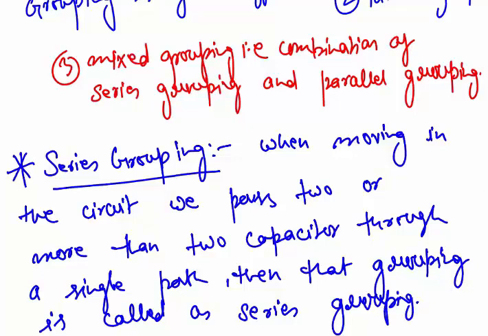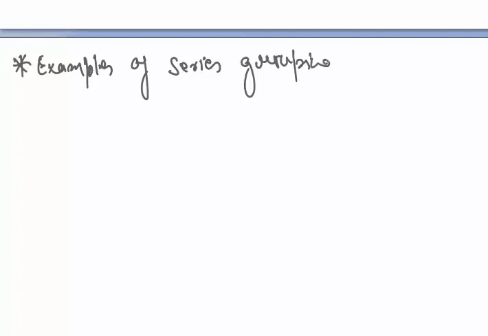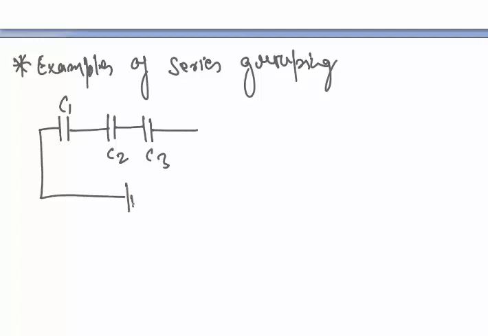Now, first of all, we should understand with the help of some examples. Okay, so examples of series grouping. Consider this C1, C2, C3 joined by a battery.